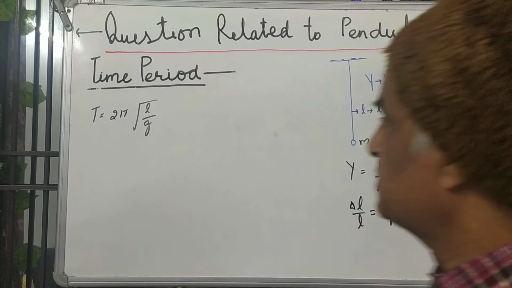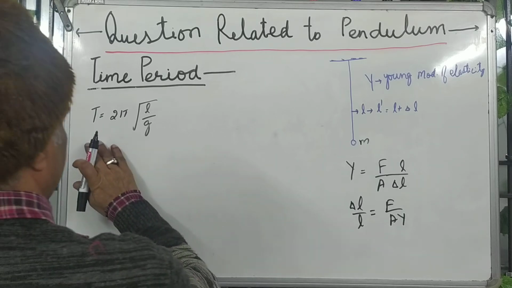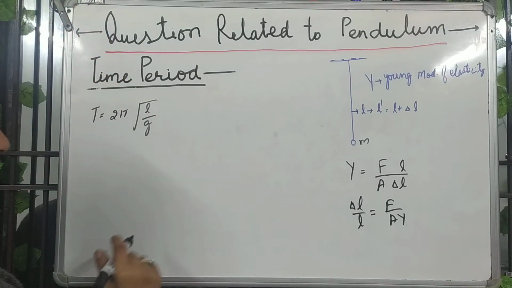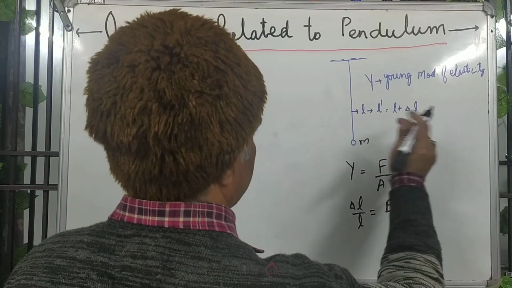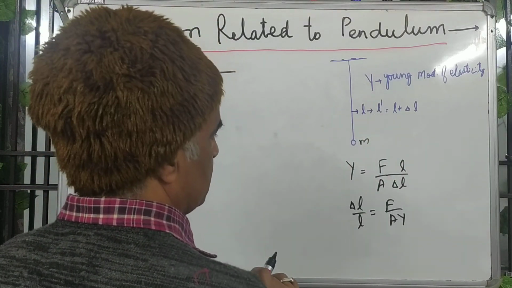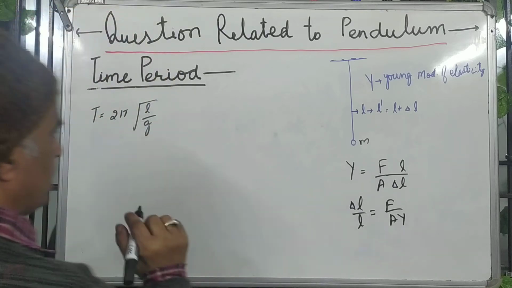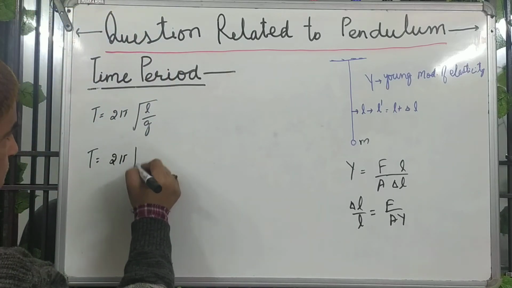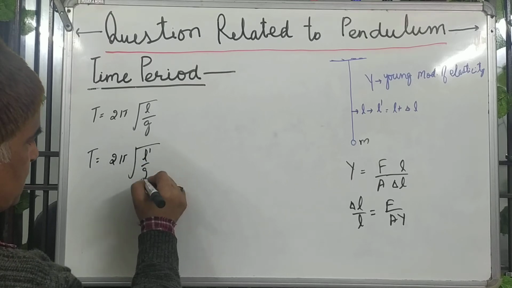In this case, this is the time period where the length is not increasing. Now the length becomes L to L dash, so time period T equals 2 pi root L dash upon g.